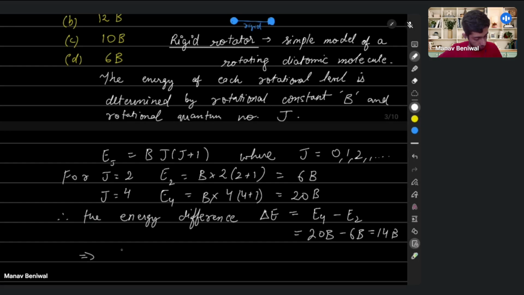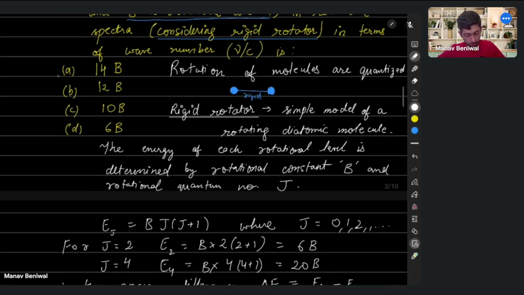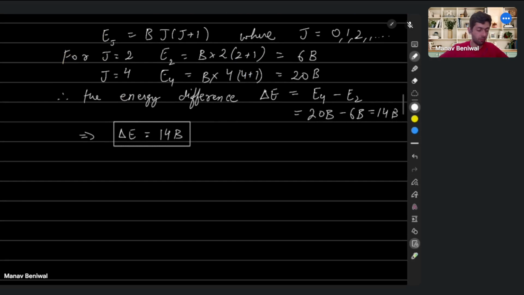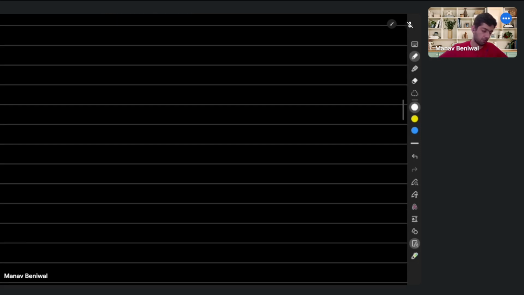So delta E is 14B, which is option A. Okay, so this is how you solve a rigid rotator problem.